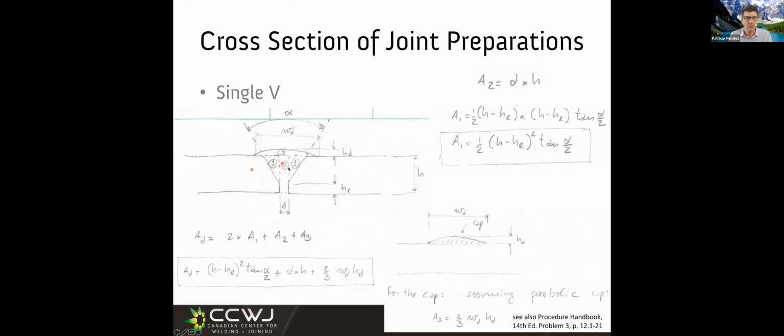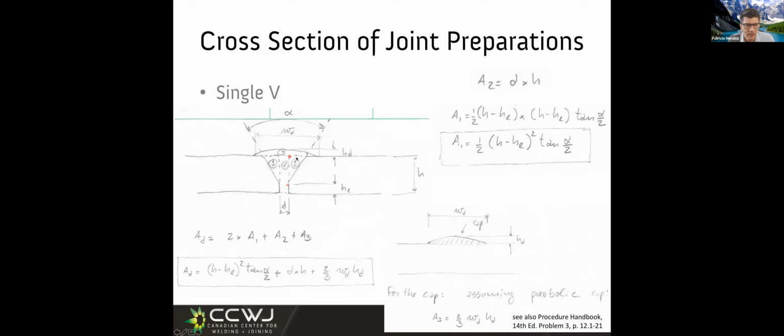So we have a rectangle, we have these triangles here, and then we have the cap pass. Let's start with number 2, that is the easiest of all. This rectangle that I put some imaginary lines around is base times height, the same as we knew before.